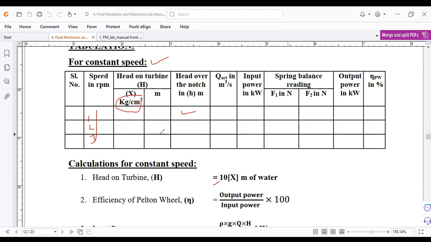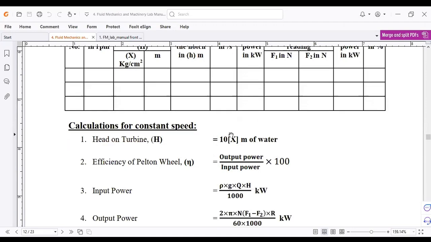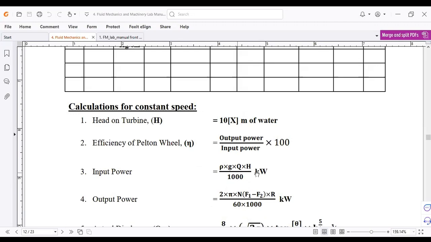Using this value, we can calculate the discharge. After that, input power can be calculated by using this equation, rho q g h.